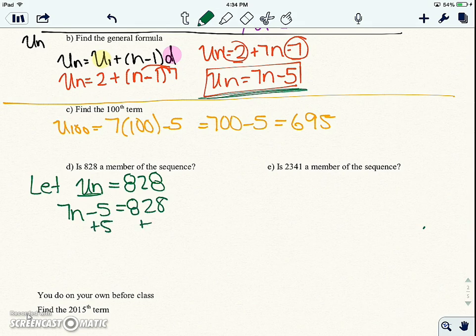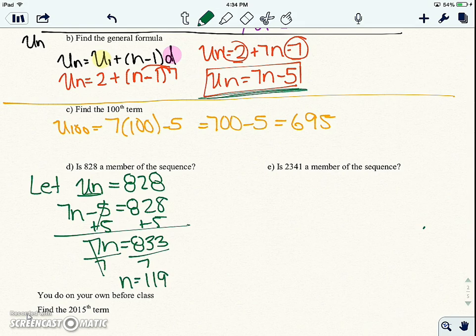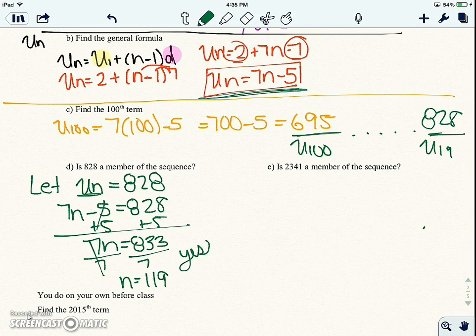So add 5 to both sides. 7n equals 833. Divide by 7, and n equals 119. Is it possible to have a 119th term? It sure is. We know that this was the 100th, right? So we could go out 19 more. And if we went out 19 more, our term would be 828. So yes, 828 is a member of the sequence.